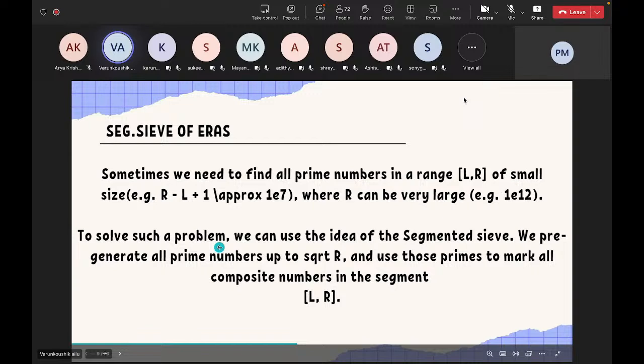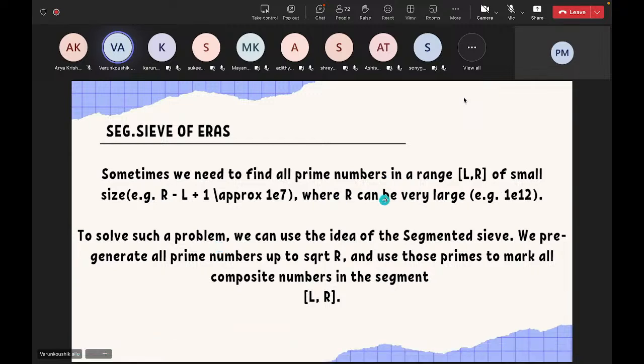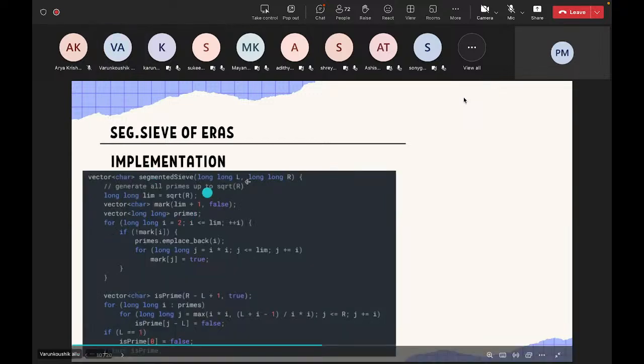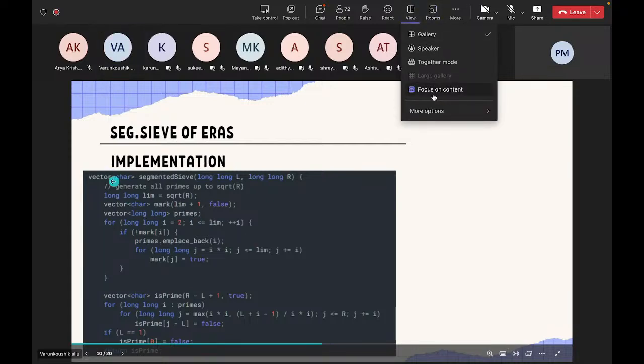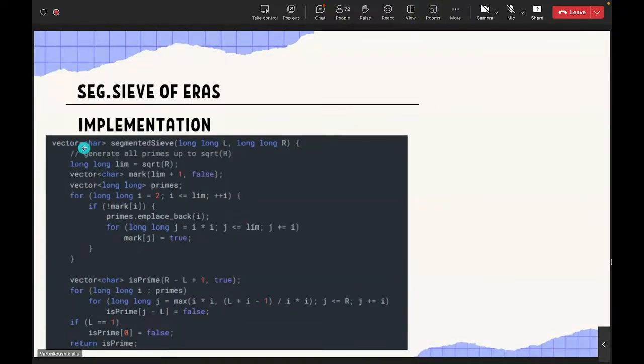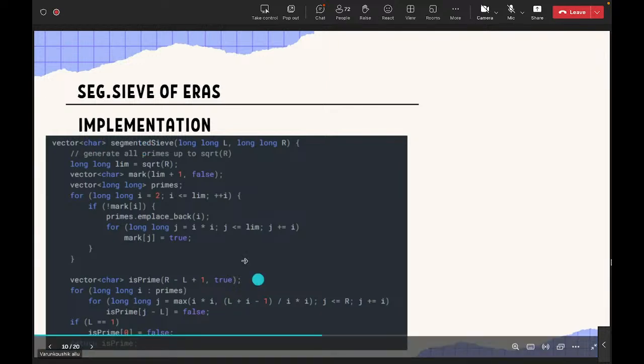So now we'll see how we will implement it using C++ code. Let's say first, as I told you, we'll take a vector of char. It can be taken as a Boolean array also, we don't mind.